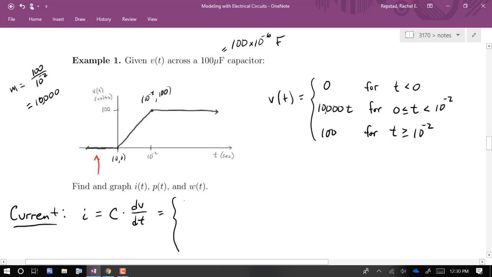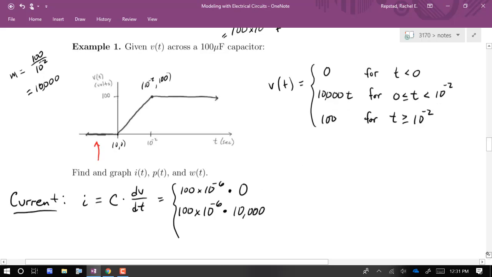So our capacitance is 100 times 10 to the negative 6 times the derivative of the 0 function, which is 0. For between 0 and 10 to the negative 2, we have 100 times 10 to the negative 6 times the derivative of 10,000 t, which is 10,000. And then 100 times 10 to the negative 6, our capacitance, times the derivative of the constant 100 is again 0.